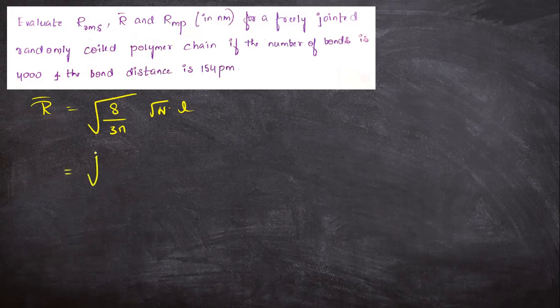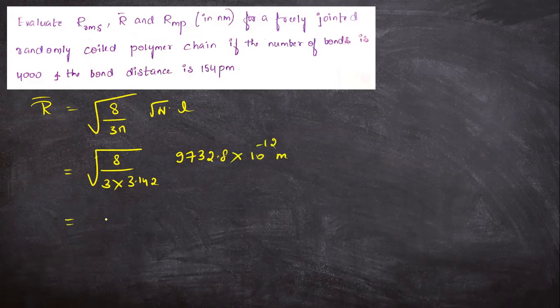So root of 8 divided by 3 into pi, the value of pi 3.142, into this value, it is what we got, 9732.8 picometer, picometer is 10 raised to minus 12 meter.